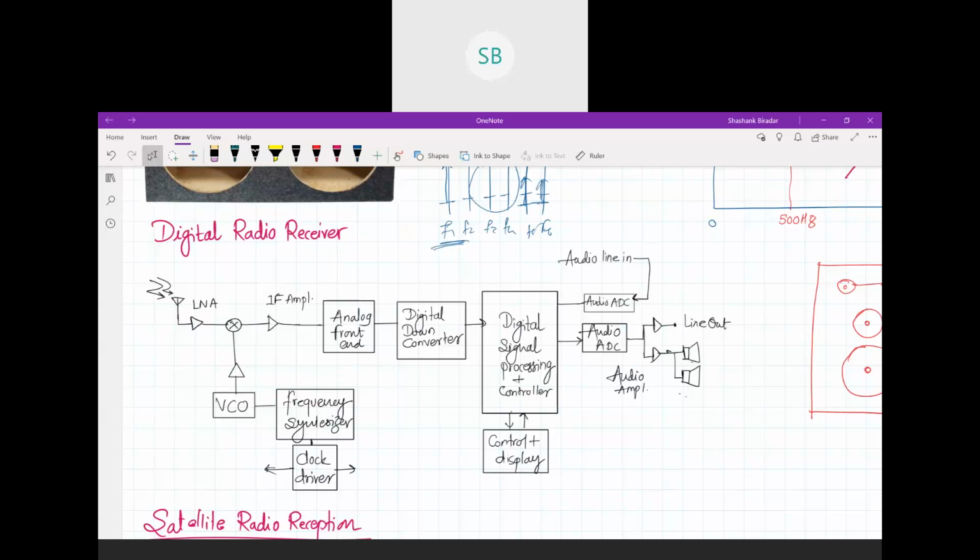Okay, so digital radio broadcasting systems are designed to provide services to mobile devices. Basically, you should be able to listen to the radio on your mobile phones, right? Some digital radio systems provide in-band on-channel, IBOC, solutions which can coexist with the FM and AM systems.